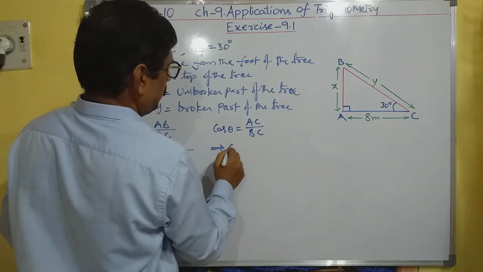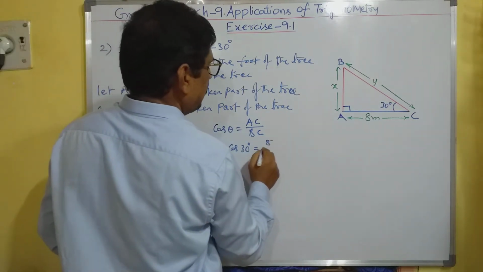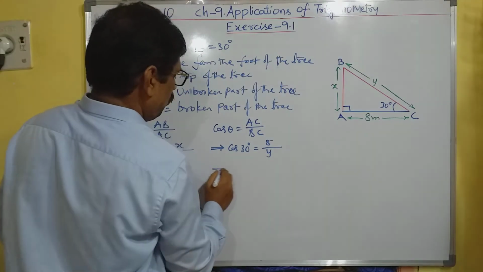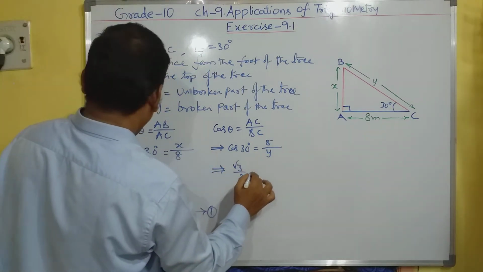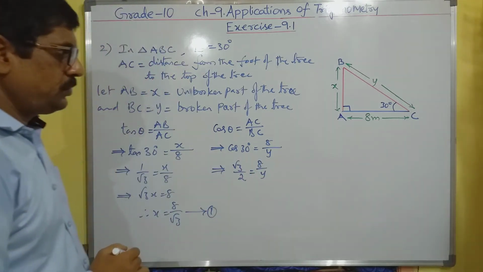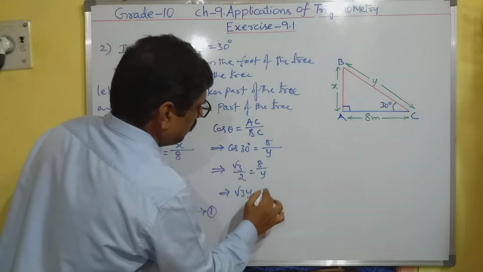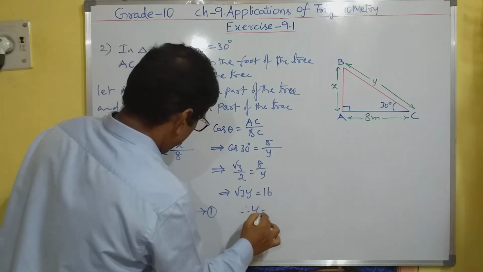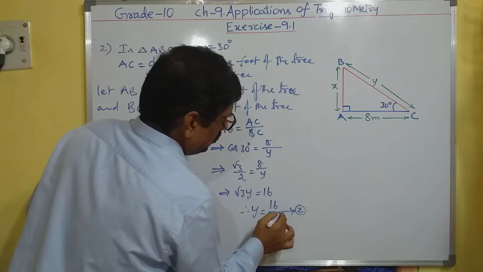So cos 30 degrees is equal to 8 by y. Cos 30 value is root 3 by 2, equal to 8 by y. If you do cross multiplication, you will get root 3 y is equal to 16. Therefore y is equal to 16 by root 3. This is 2.